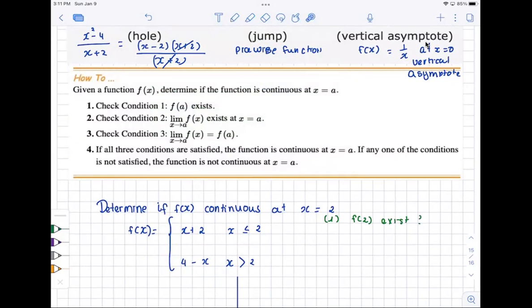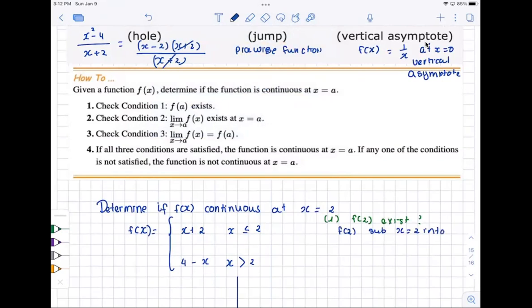When x equal to 2, we look at the first equation and substitute x equal to 2.